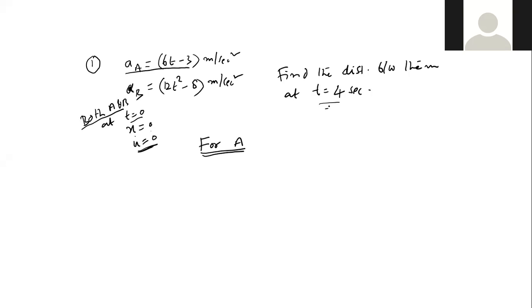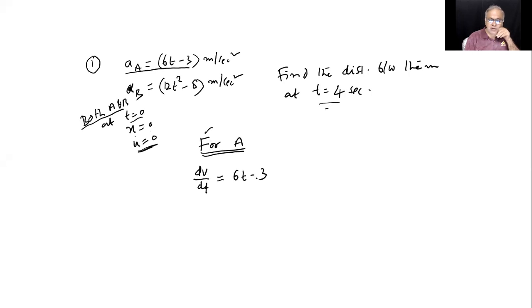So for A, dv by dt equals 60t minus 3. Acceleration is dv by dt, the instantaneous rate of change of velocity is called instantaneous acceleration. So dv equals (60t minus 3) dt. I simply took this dt to this side.